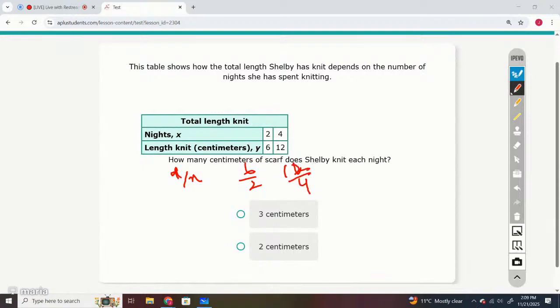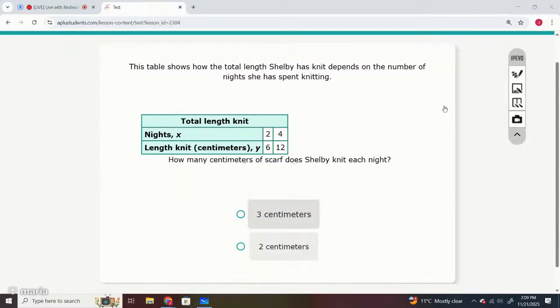So that is 3. The correct option is option number 1. That is 3 centimeters.